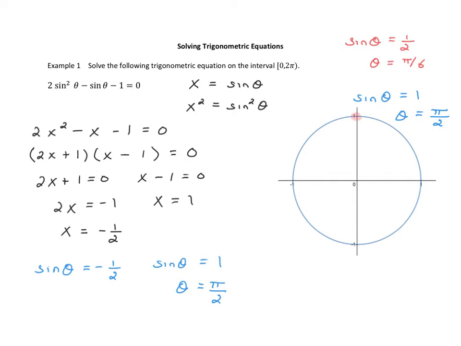Sine is negative in the third and the fourth quadrant because sine is the y value. If you want to get a reference angle of pi over 6, you could draw one in here like this. This is pi over 6. And there's one over here like this.